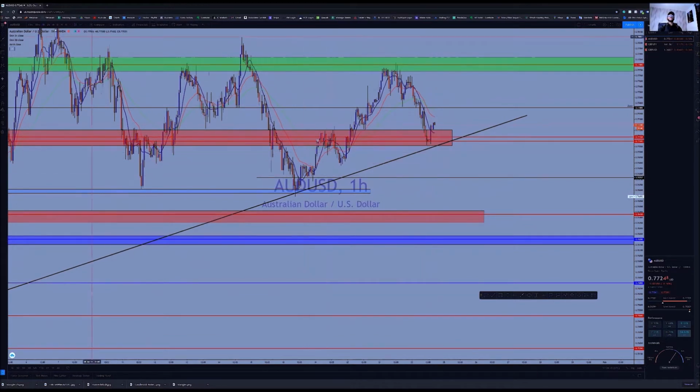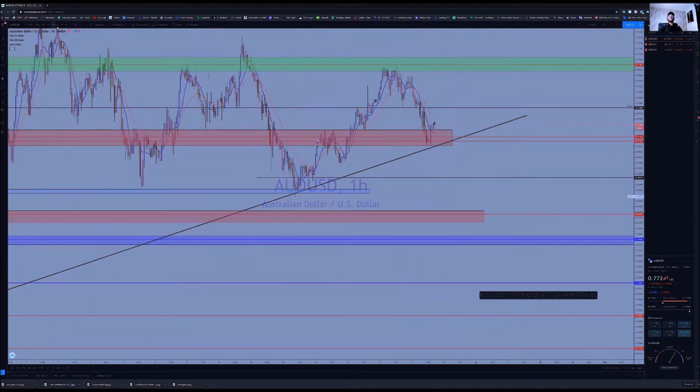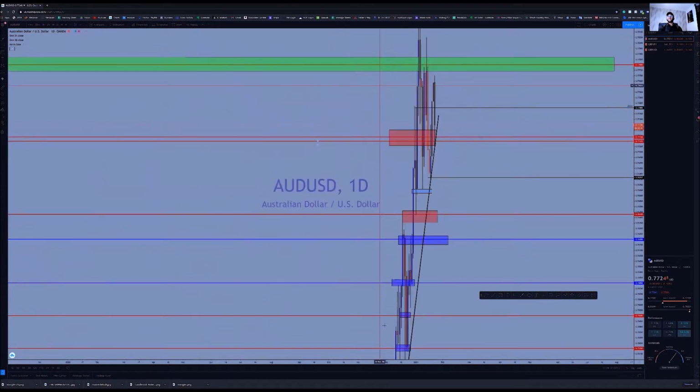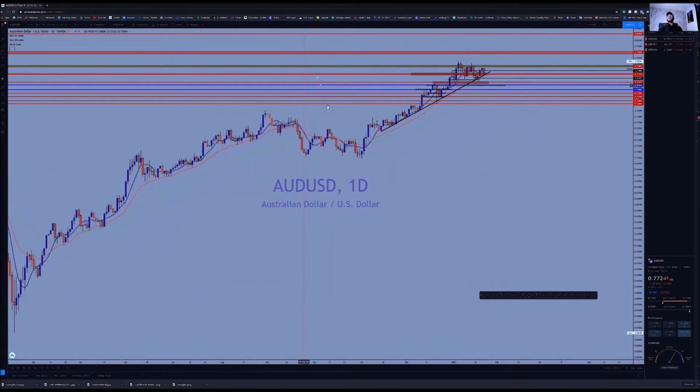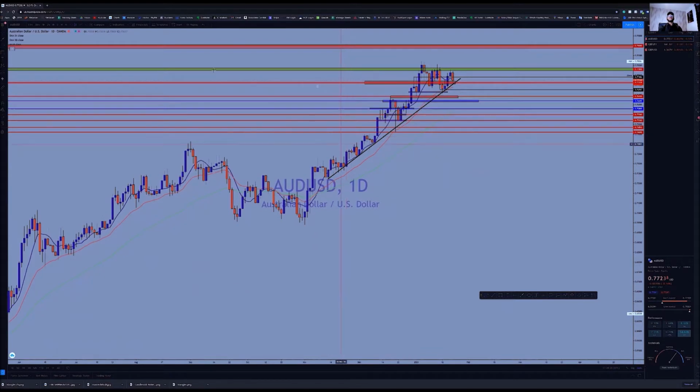Alright, so initially, what I was looking at: I drew my trend line a long time ago, and I was watching that initial zone.